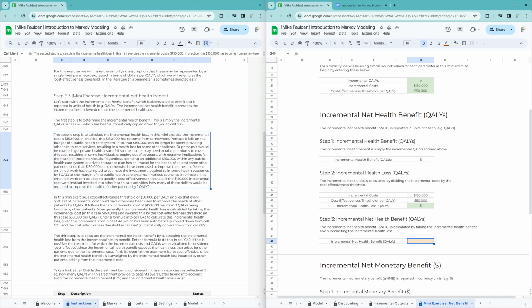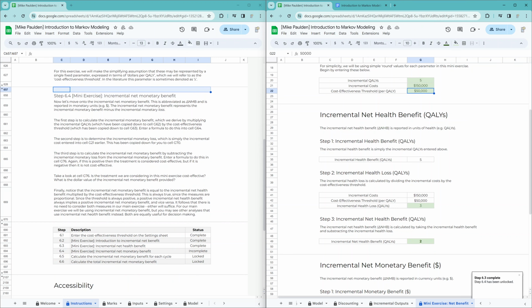And then the final step is just to calculate the net health benefit. And it's as simple as taking the health benefit here, 5 QALYs, and subtracting that loss. So 5 minus 3. So if we were using incremental net health benefit, where the incremental QALYs are 5, we gain 5 QALYs, but we incur $150,000 of cost, and for every $50,000 of cost we lose a QALY, well, we lose 3 QALYs. 150 divided by 50 is 3, 5 minus 3 is 2.